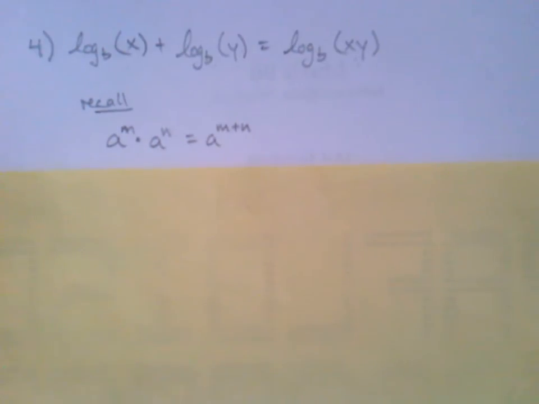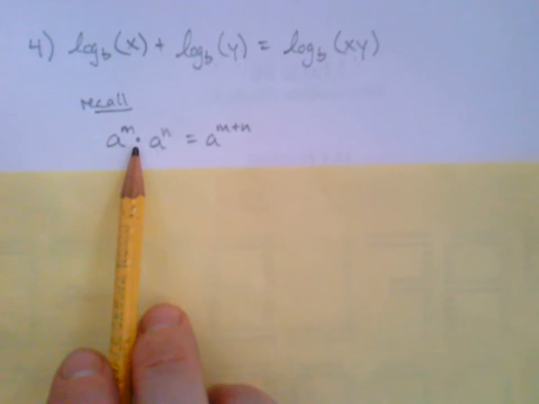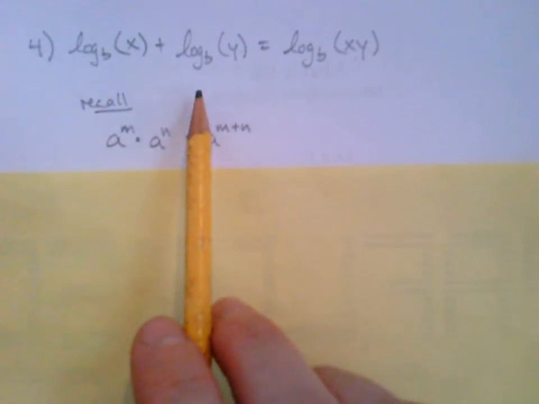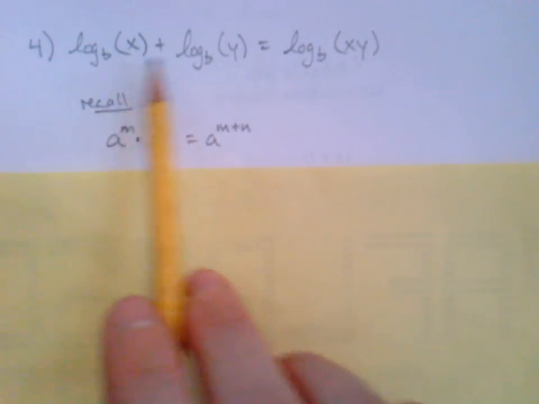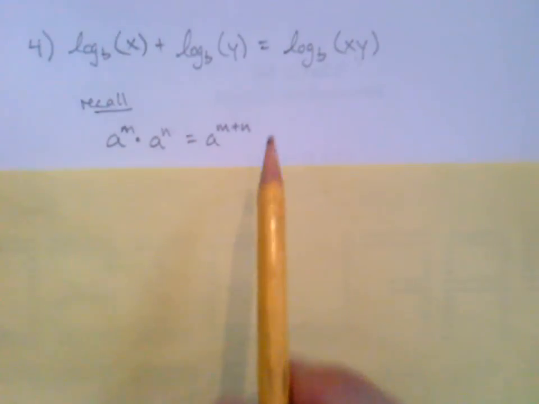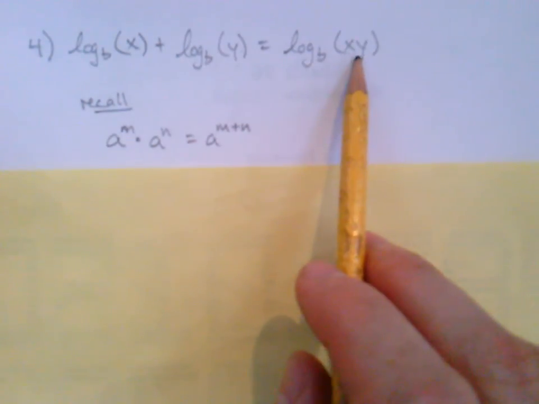I add the exponents, right? So there's this connection between multiplying and adding. And this is the way it works with exponents. But with logarithms, it looks like this. So if I'm adding the logs, then I multiply there. It's a strange rule, but I think most people kind of get multiplying and adding.